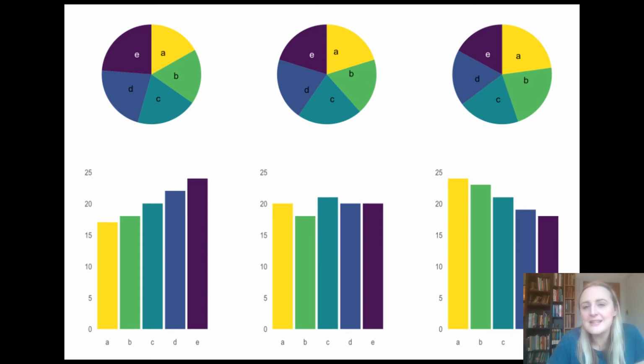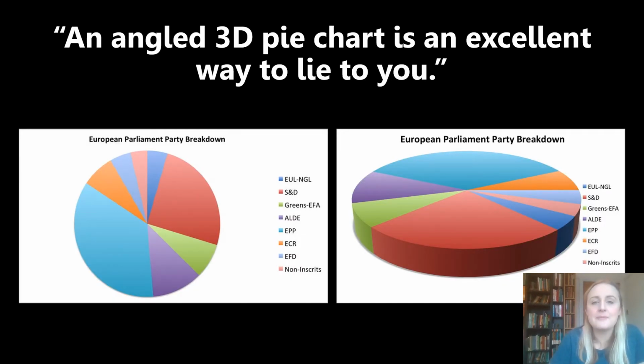So you can see that there are times when pie charts just don't make any sense, and a bar chart tells us a lot more. And so one of the scenarios where we should not use pie charts is when the sections on the pie chart are all a really similar size.